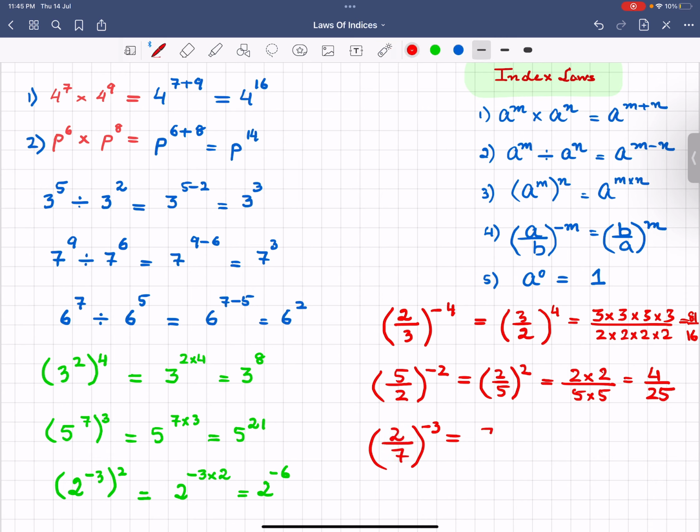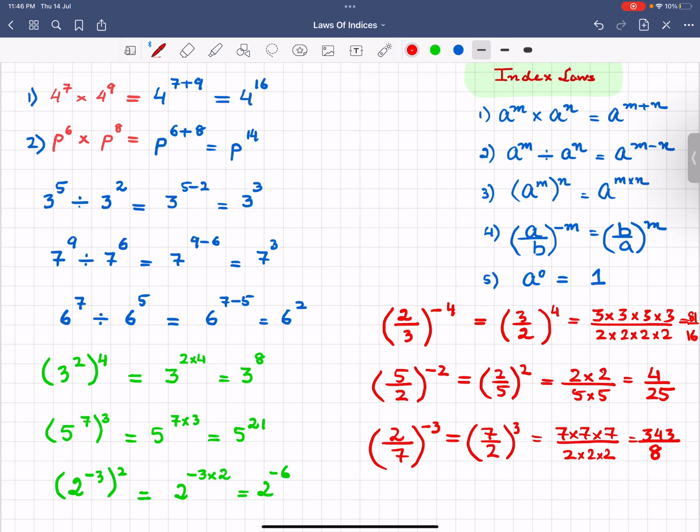So we have 7/2 and the power becomes positive. So we have 7 into 7 into 7. If we need to find the value, 2 into 2 into 2. So 7 to the power of 3 gives us 343 divided by 8. So that is about the fourth rule of index.